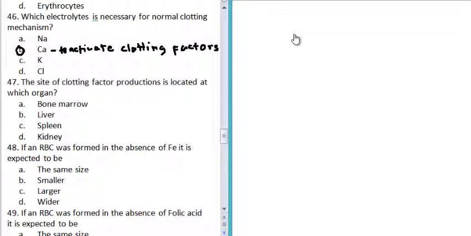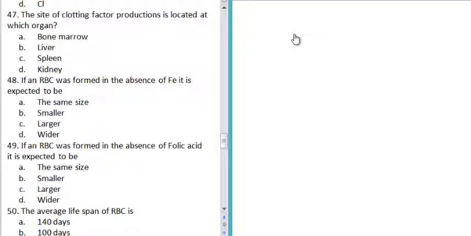B is the answer. Next. The site of clotting factor production is located at which organ? Answer: liver. That's why all patients who have liver disease are prone to bleeding, because clotting factors are produced in the liver. Okay. Next.